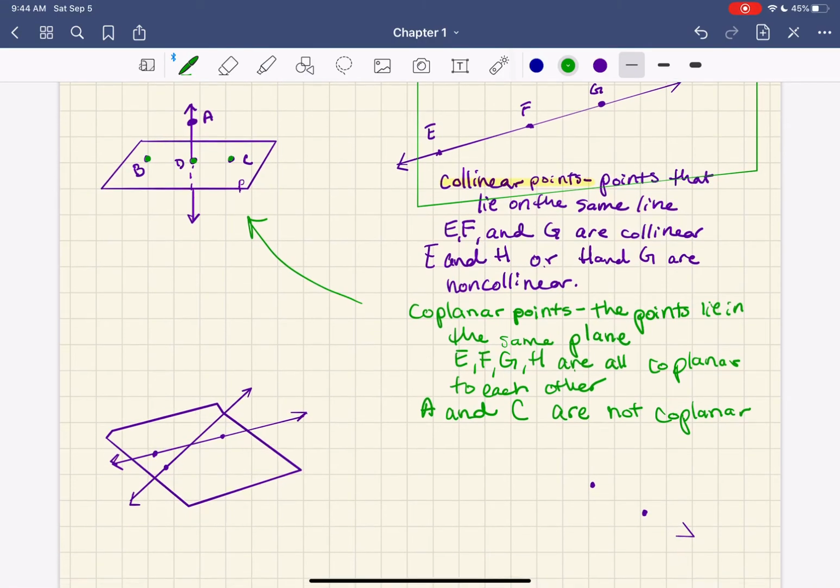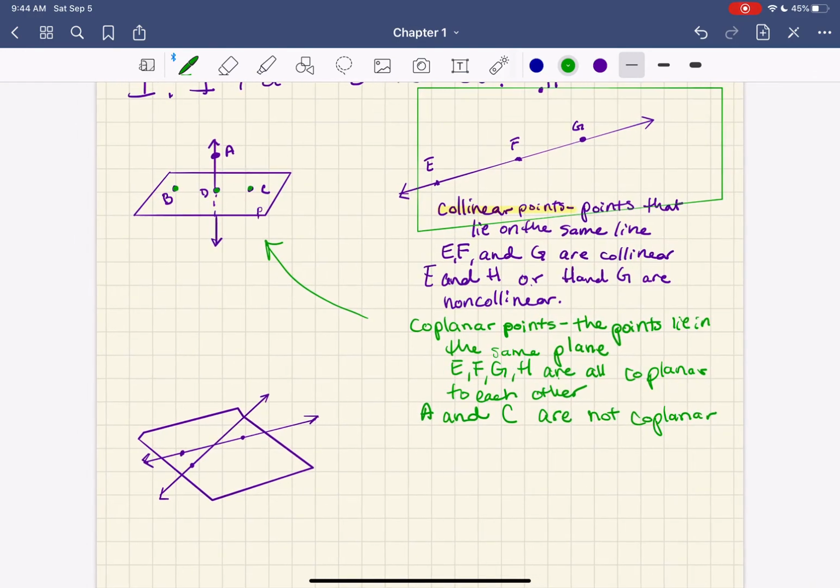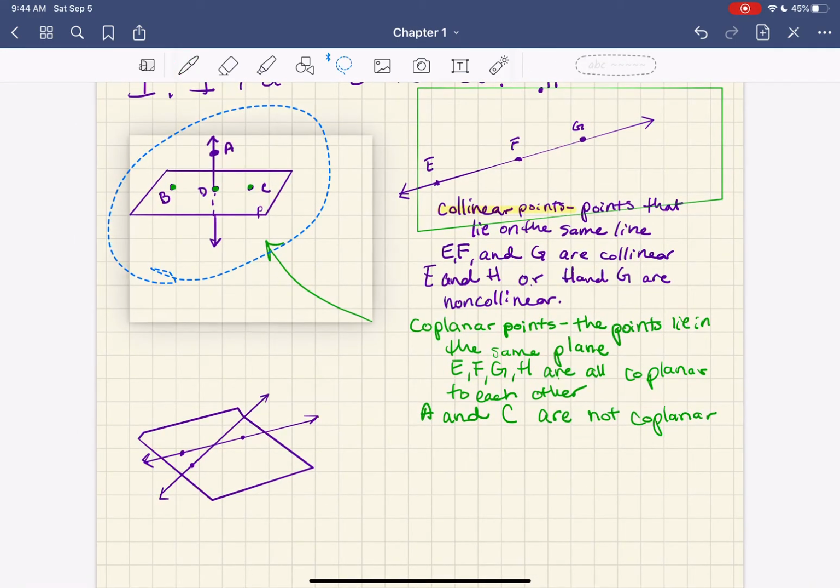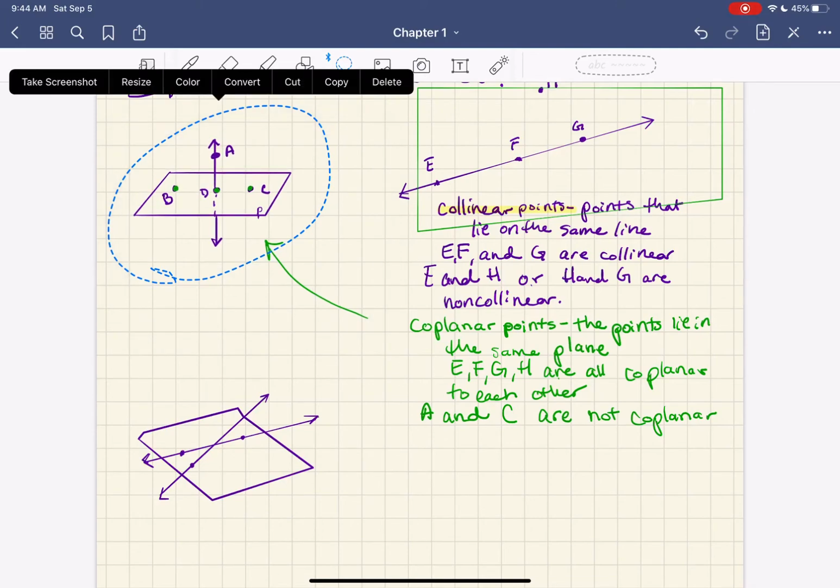So the next thing that we have to look at is naming. So let's just take this again, and I'm going to work with this more.